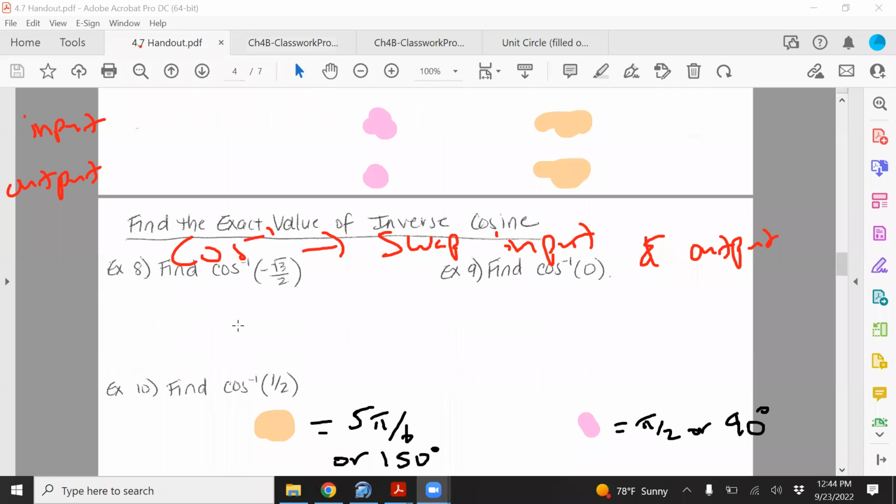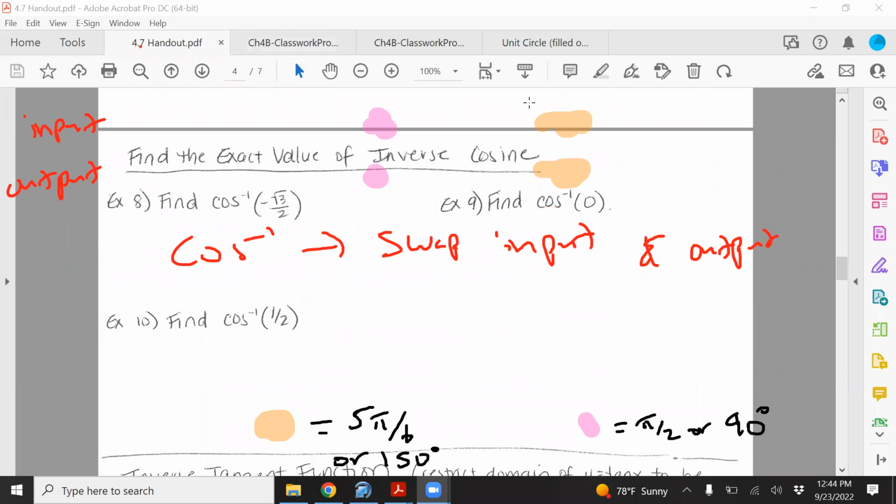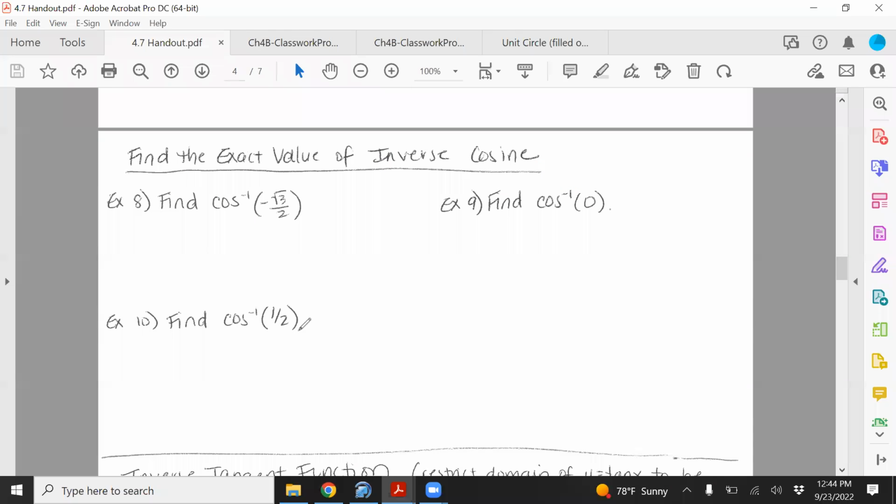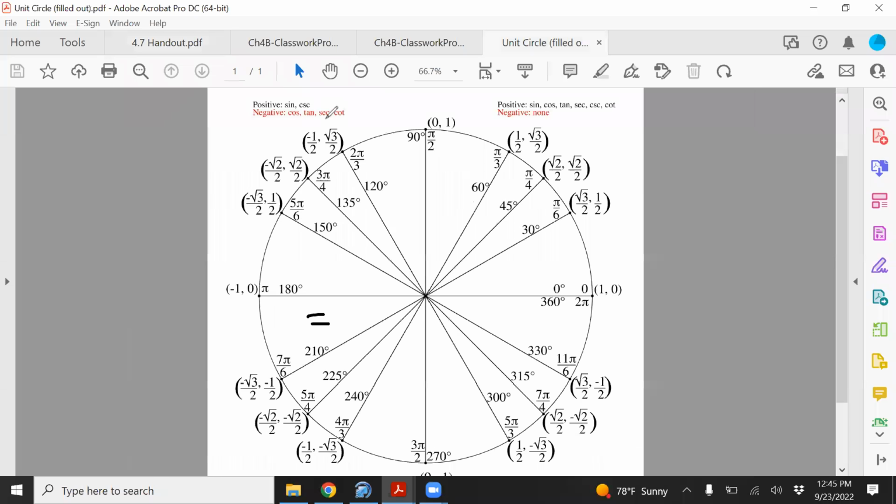And then lastly, example 10. Let's go to the unit circle. Inverse cosine of 1/2. Okay, guys, tell me where is the x coordinate 1/2?